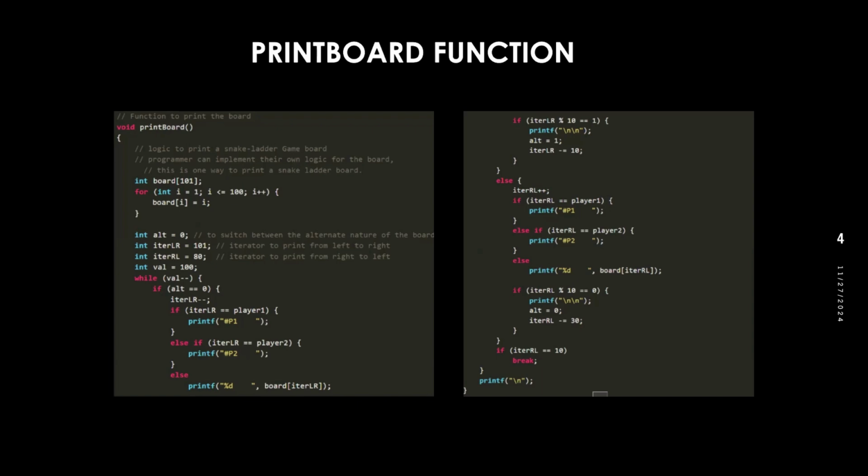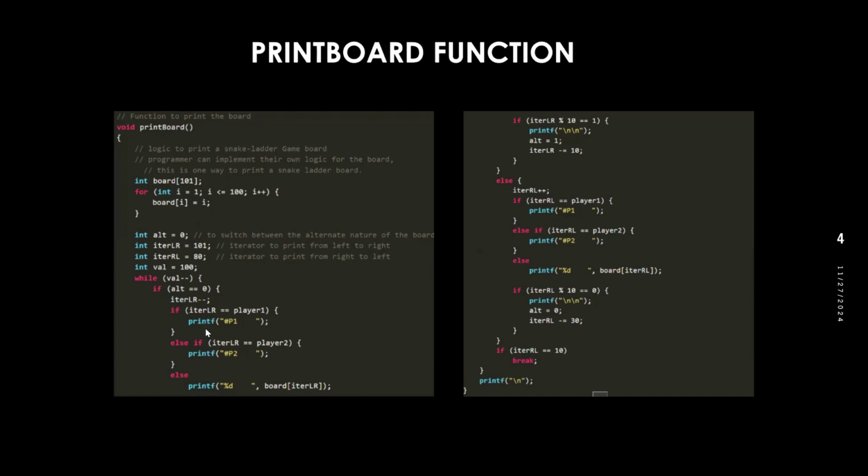It checks if the current position matches player 1 or 2, and prints either player 1 or player 2 on the board to indicate position. If it's not a player position, it prints the square number. When reaching the end of the row, it switches to the other type of printing, right to left, by setting alt equal to 1.